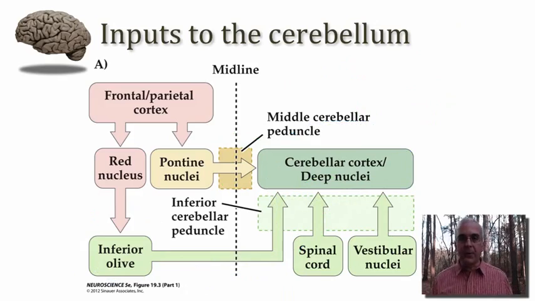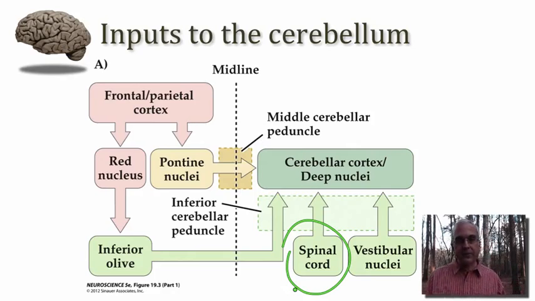Now, perhaps it will be helpful just to remind you a bit of the inputs to the cerebellum with a little bit more detail. You will recall that the inputs to the cerebellum from the spinal cord convey signals about the movements of our body that are sensed by our proprioceptors, and they are conveyed via pathways that serve the lower extremities and the upper extremities.